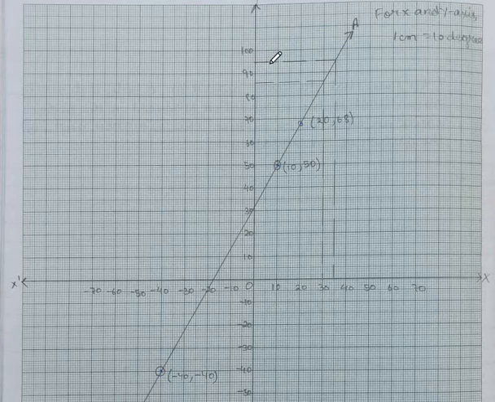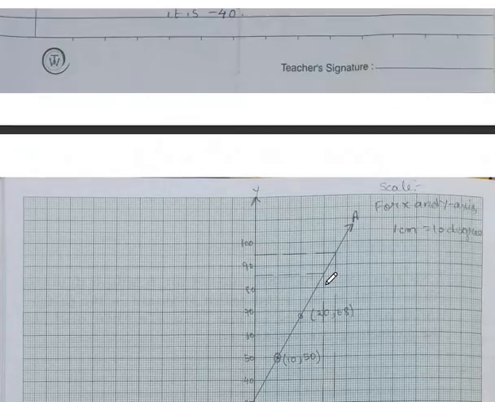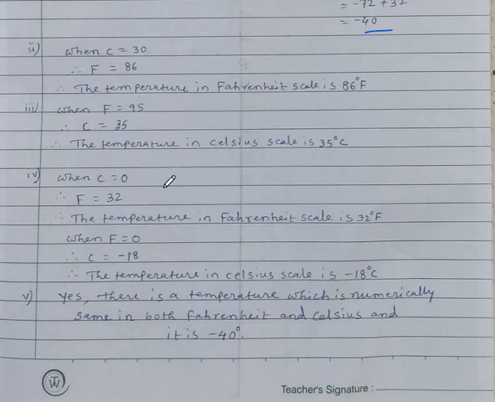Then from here by making dotted lines till your straight line you can move, then come down up to the x-axis. So when F is 95, X is coming 35. That's why for the third answer we wrote: when F is equal to 95, C is 35. Therefore the temperature in Celsius scale is 35 degrees Celsius.